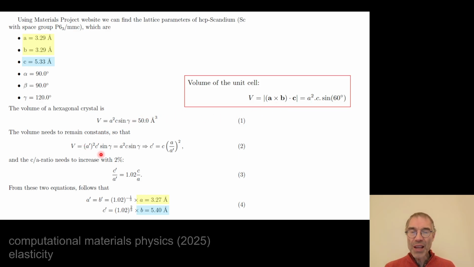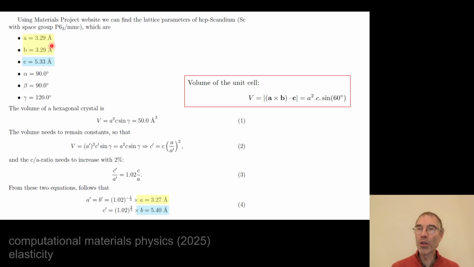If you do that and then you write this in terms of the C over A ratio, and you require that the C over A ratio is increased but that the two volumes are identical, then you can solve from these equations what the new A and B and the new C should be. And these turn out to be 3.27 angstrom and 5.40 angstrom.